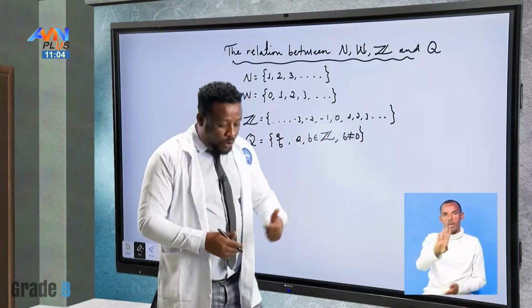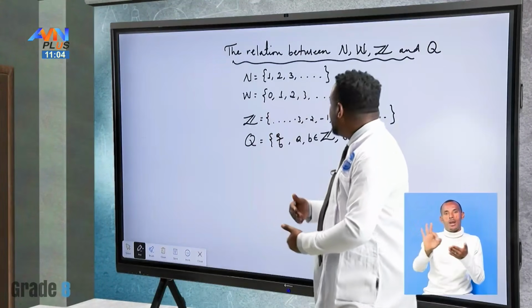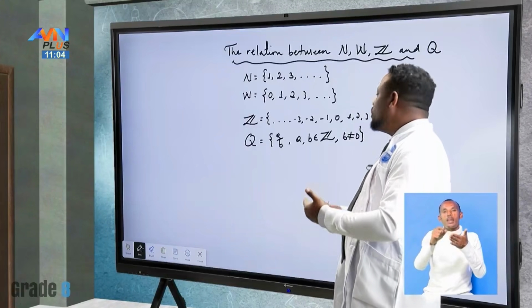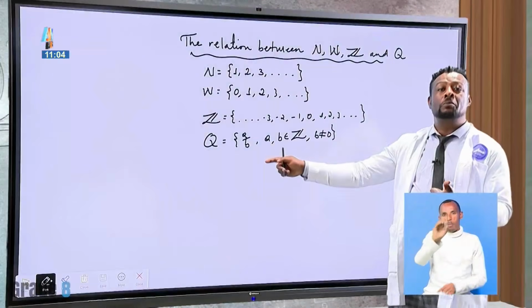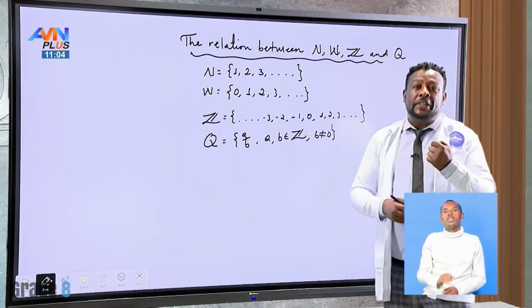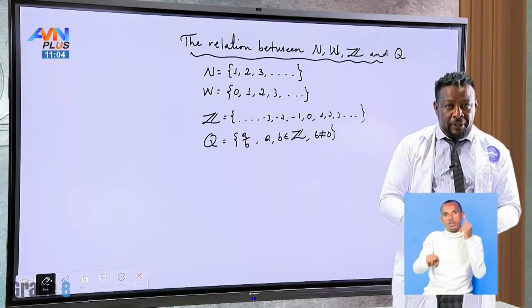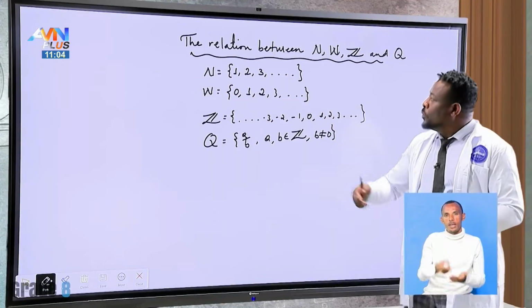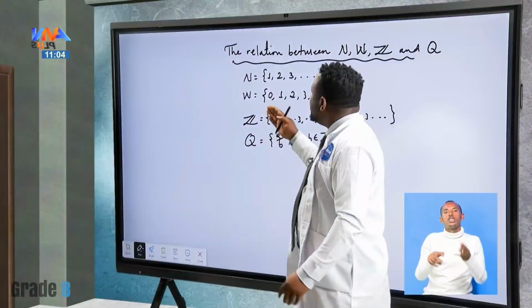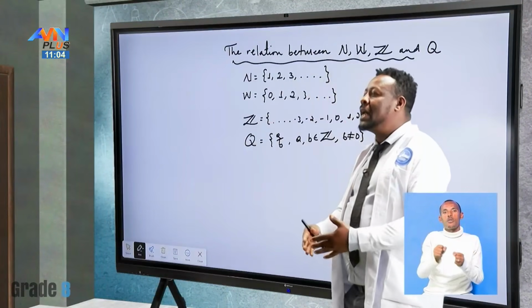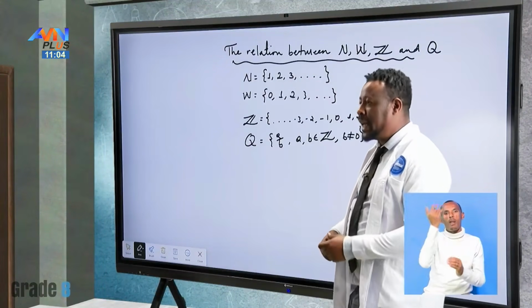The number written in the denominator should be different from 0. Otherwise, the fraction A over B will not be defined, right?